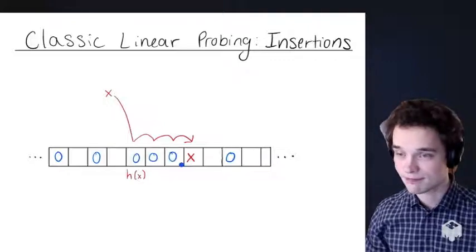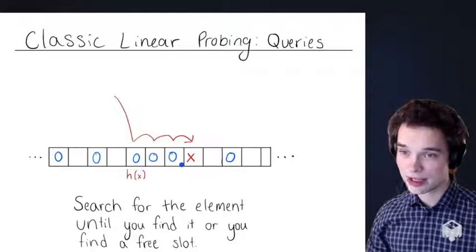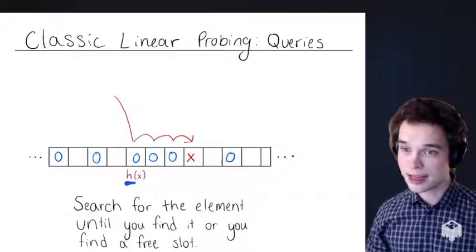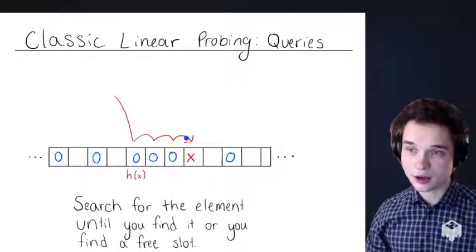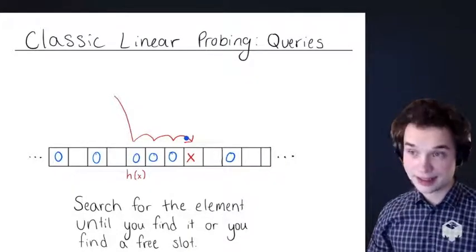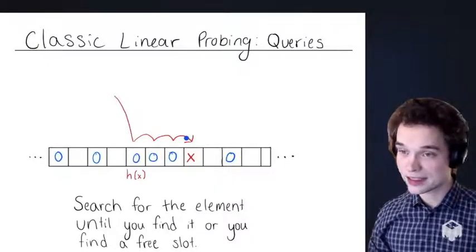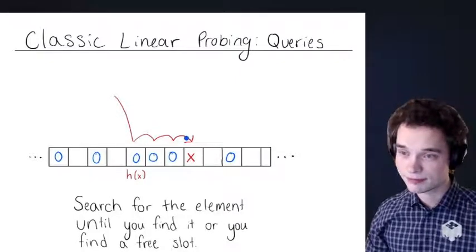That's insertions. Queries are essentially the same deal. If you want to figure out whether an element X is in your hash table, you again hash that element, and then you scan forward until either you find the element you're looking for, meaning it is in the hash table, or until you find a free slot, which means the element you're looking for isn't in the hash table. That's queries.